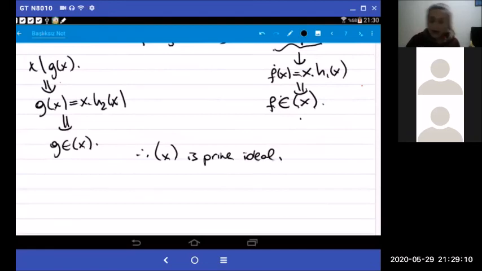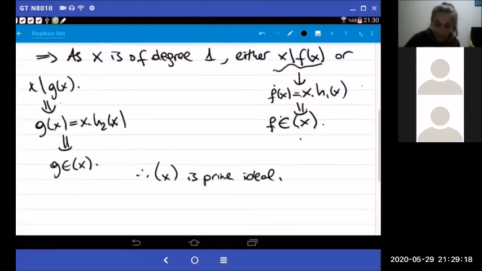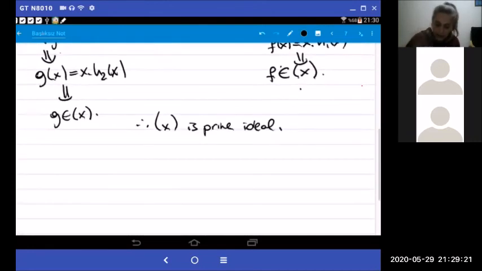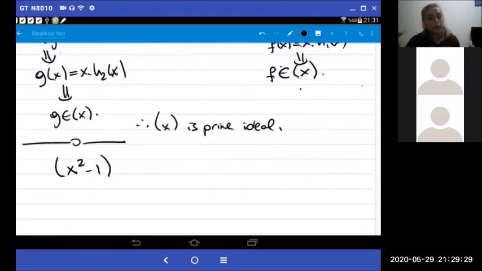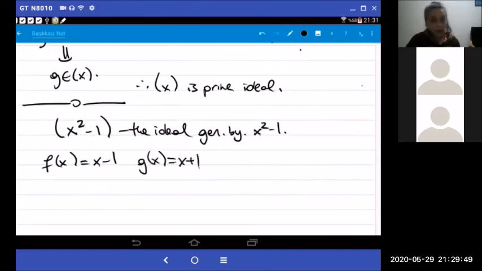Okay? But here, of course, x being a polynomial of degree 1 is crucial. Because consider, instead of x, the ideal generated by, for example, x squared minus 1. For example, take f of x as x minus 1 and g of x as x plus 1, right?